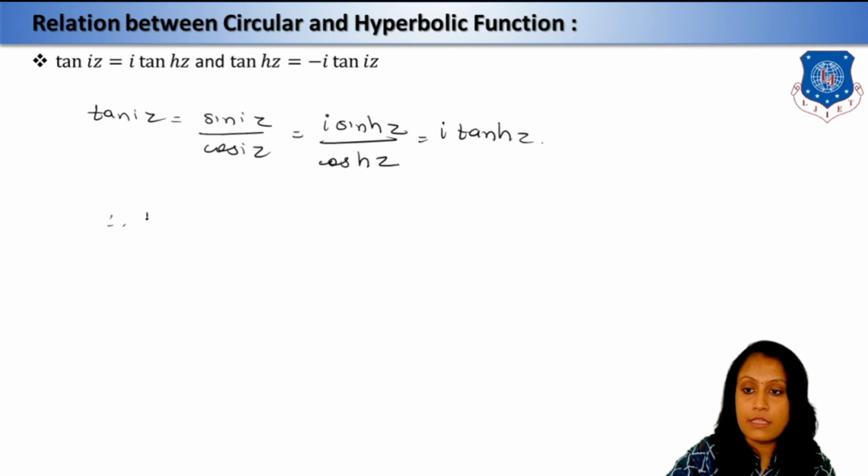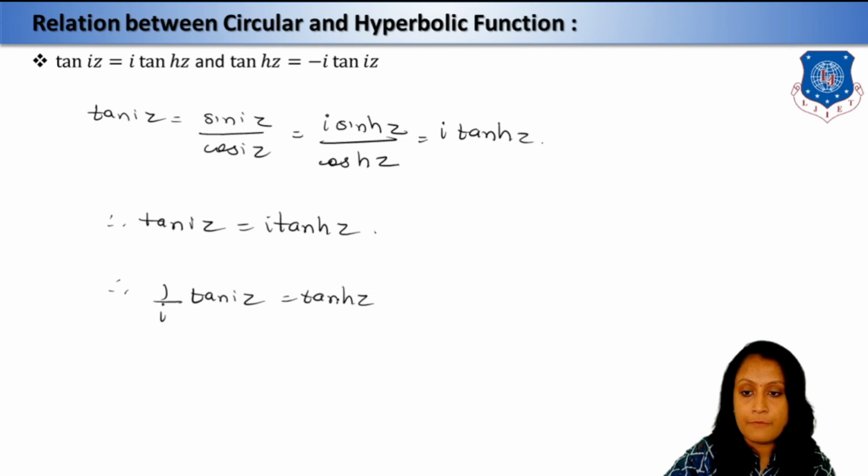So the first result, that is tan iz is equal to i tanh z, is proved. Now from this bring this i over here. So you will get 1 upon i tan iz is equal to tanh z. Therefore tanh z is what? Multiply and divide it by i. So in denominator we have i square, that is minus 1, so we have minus i tan iz. So this is the second result which we have to prove.